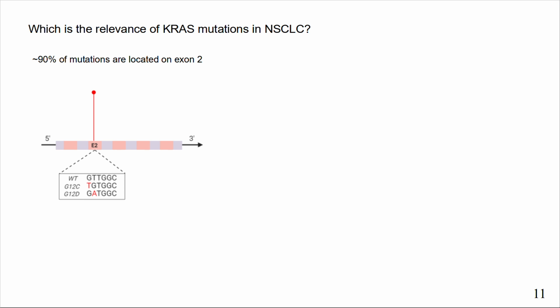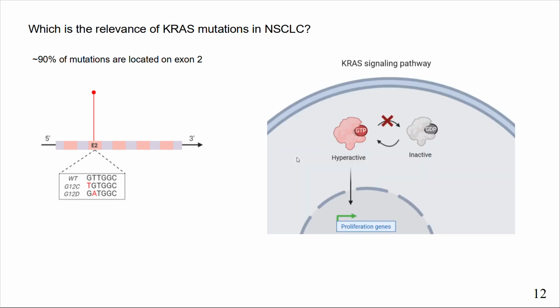They provide a new instruction for the synthesis of a KRAS mutant protein, a hyperreactive mutant protein that stays bound to GTP and is no longer able to return to its inactive state.